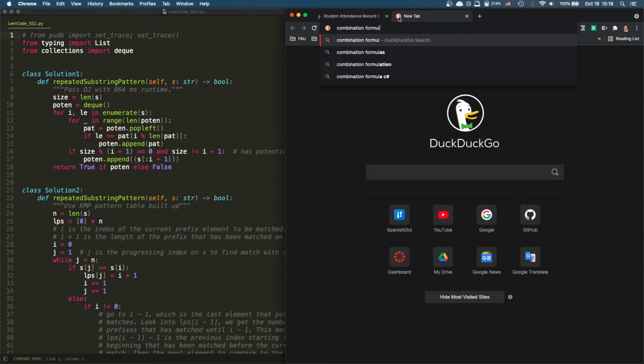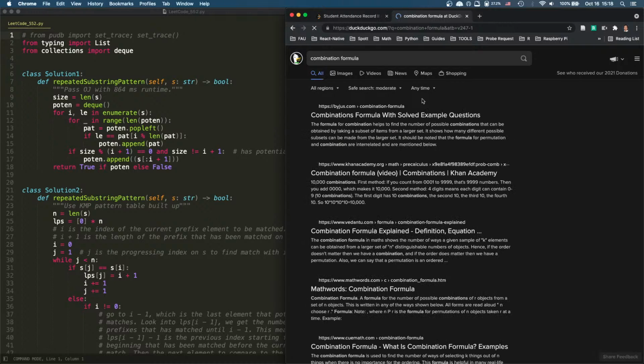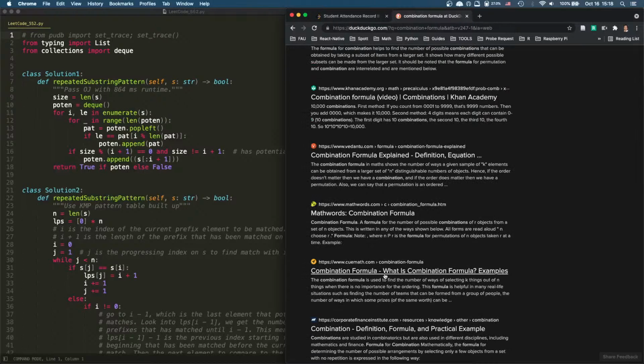I forgot. Let's see if I can simplify this thing. Combination formula. Which one? Khan Academy? No. I just want to know the formula. I'm not 100% sure.